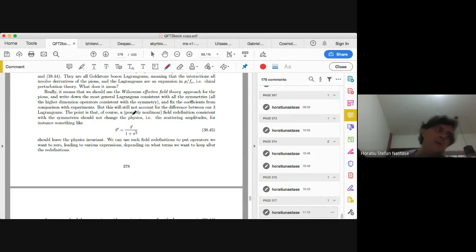And that should not change the physics. If I redefine my field such that I keep the canonical kinetic term, and I just redefine the interactions, then all the physics, in particular scattering amplitudes, should not change.